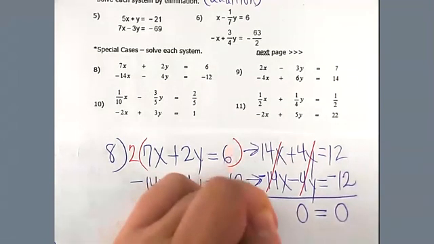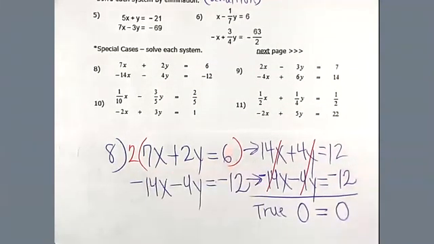Anytime you get a true statement like this, that means these two lines, as you saw earlier when we graphed them, actually turned into one line. They coincided with each other and became one.